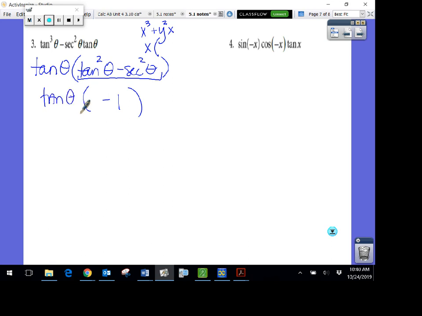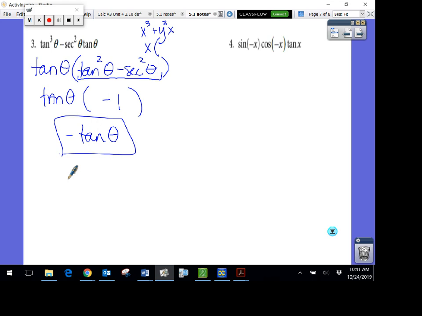So tangent theta times negative 1, negative tangent theta. No fraction, one term, I'm done. Don't change that into sine theta over cosine theta, now you have a fraction. Now you're unsimplifying it. No fractions, and try to get one term.